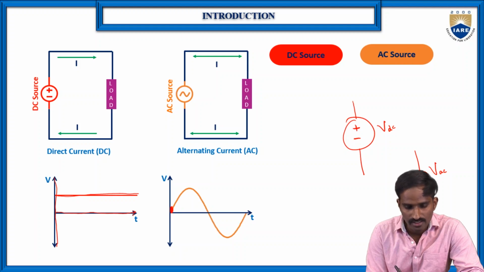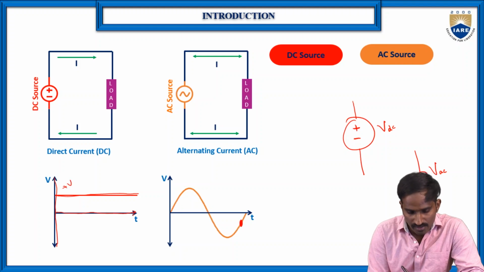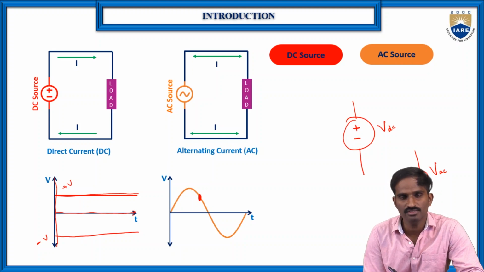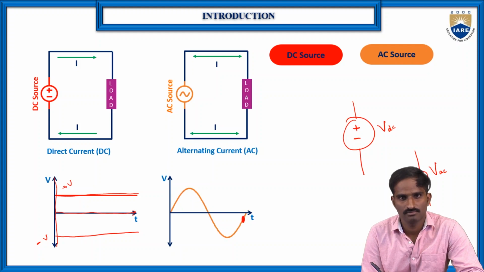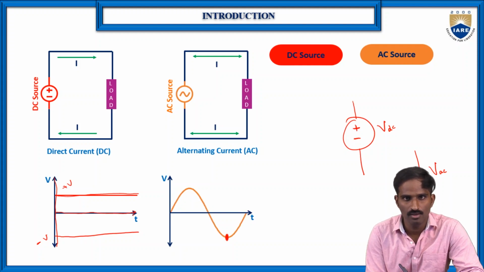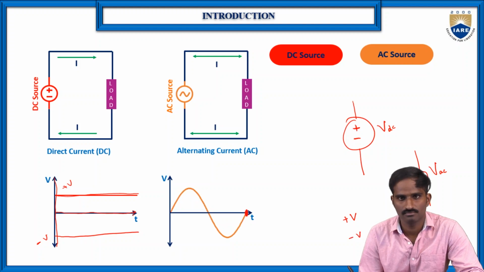But it has polarities, because this is the plus V, and it can also be like this, the minus V, which means the DC voltage has both magnitude as well as polarities. Here V is the magnitude, and the polarities mean whether it is plus V or minus V.